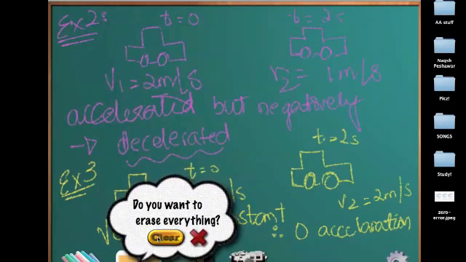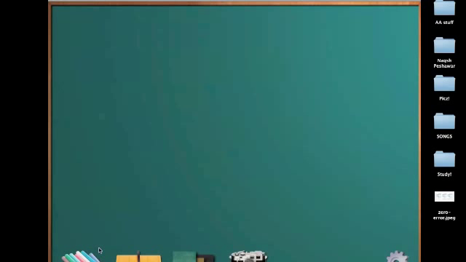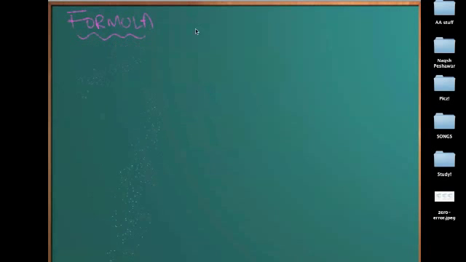Now, talking about things a little numerically here, the formula for acceleration is something like this: v minus u over t.